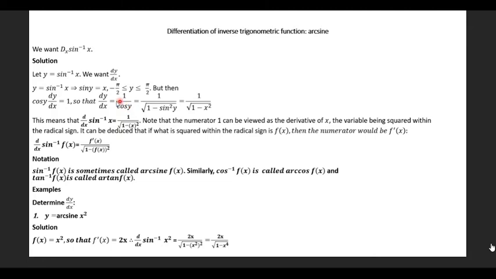So if you want to make cos of y the subject of the formula, then it's going to be the square root of 1 minus sine squared y. But what did we say about sine of y? We said sine of y is going to be x. So that sine squared of y is going to be x squared. So in other words, the derivative of arc sine of x is going to be equal to 1 over the square root of 1 minus x squared.